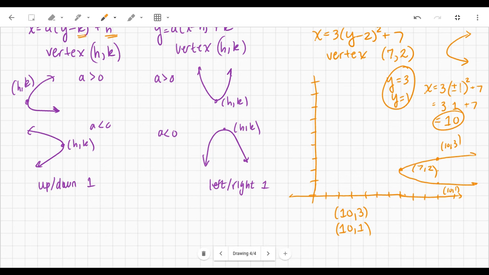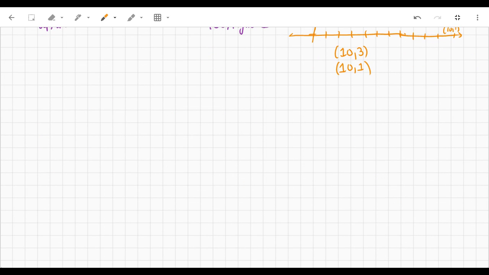All right, my next one. Let's see, what do we got next? We are going to do graphing. Another one of these, different form.